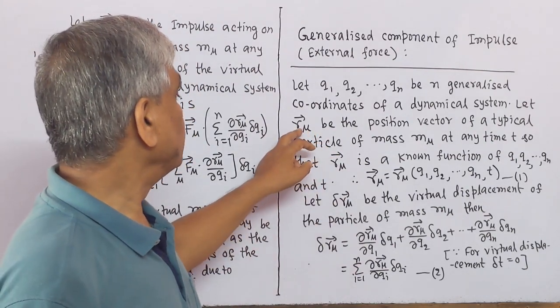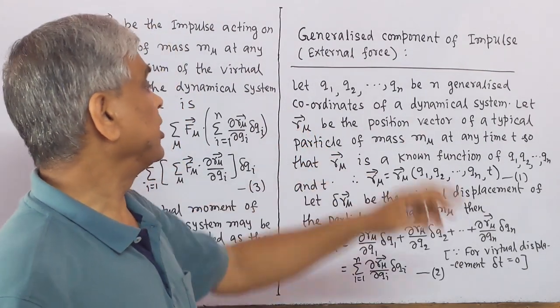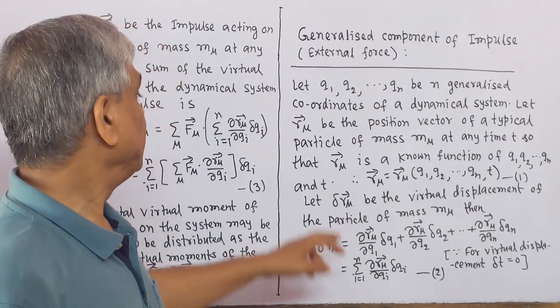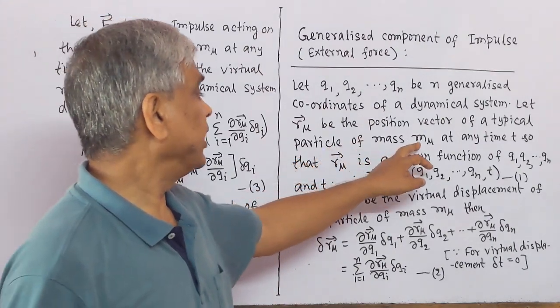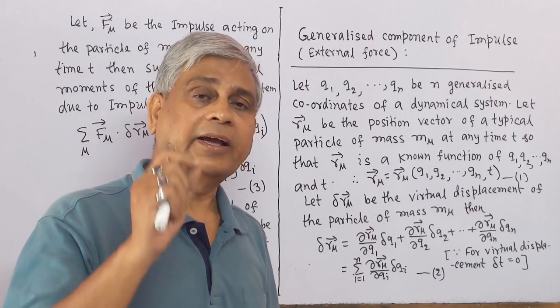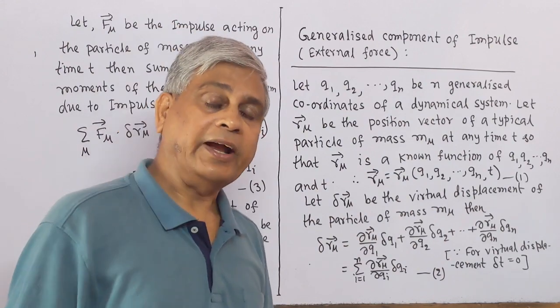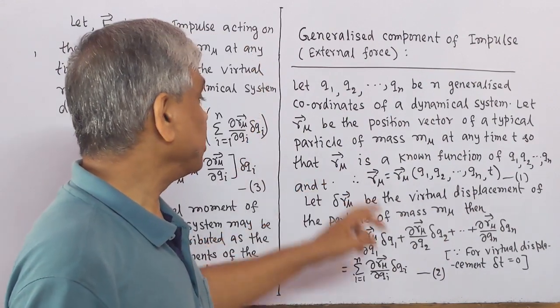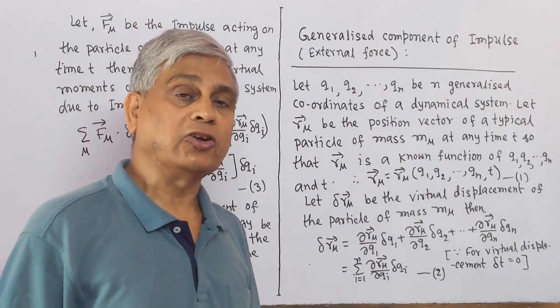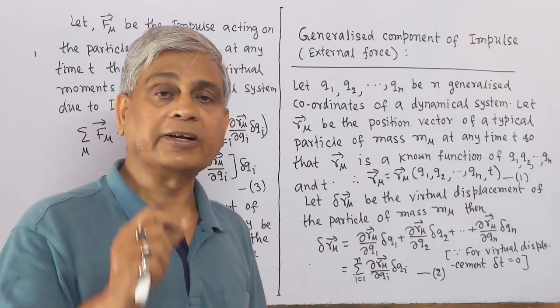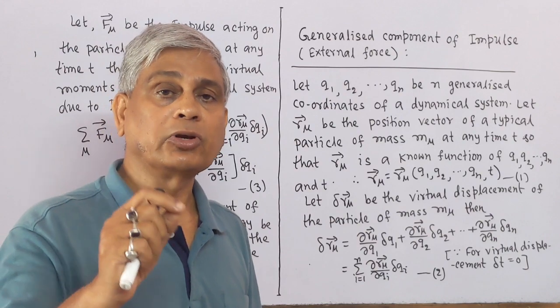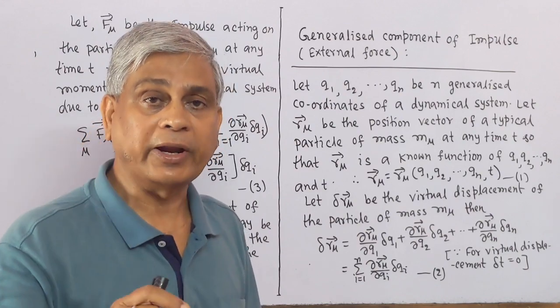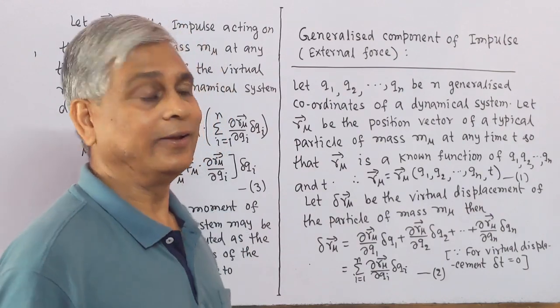Let r mu be the position vector of a typical particle of mass m mu at any time t, so that the position vector r mu is a known function of generalized coordinates q1, q2, q3, dot dot dot qn and time t.